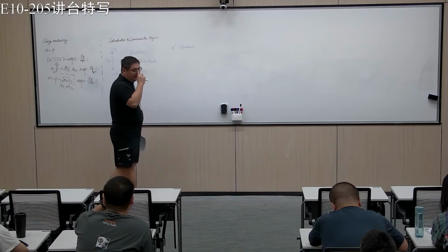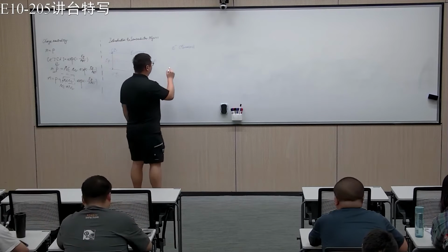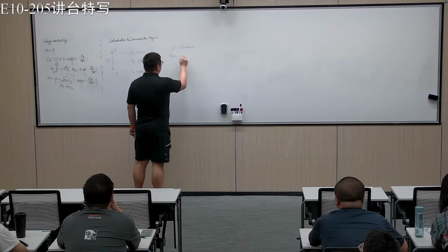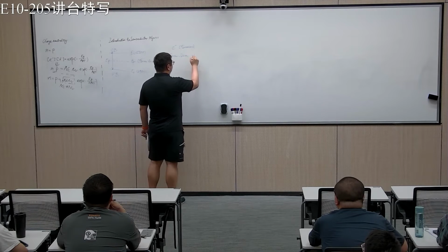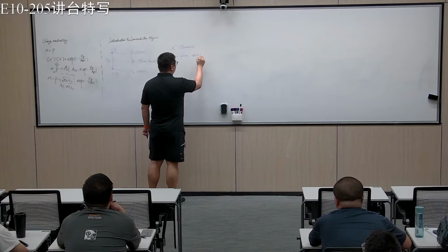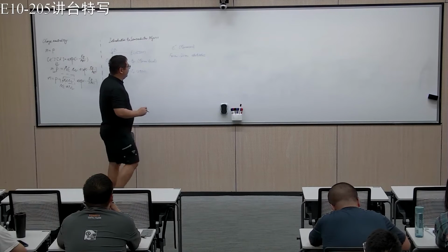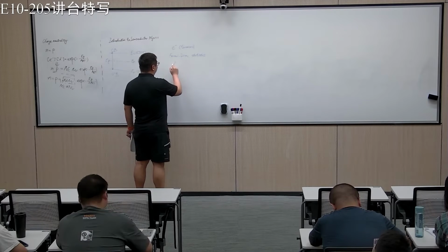The statistics that fermions obey is called Fermi-Dirac statistics. What does that mean? This sounds very complicated.